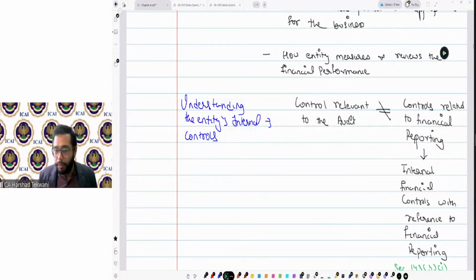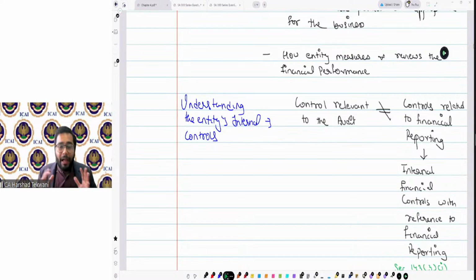I need to see all the controls which are relevant to the audit. Remember, for audit, you need to see controls which are relevant to the audit. I can give you an example. There could be a financial control, a control related to financial reporting, but it will not be relevant to the audit.